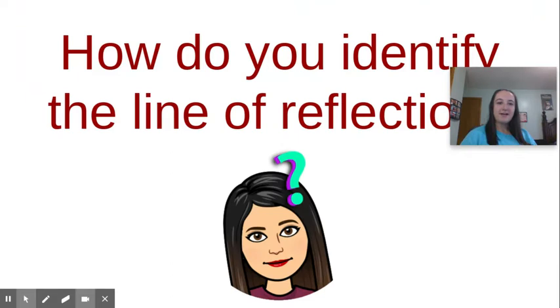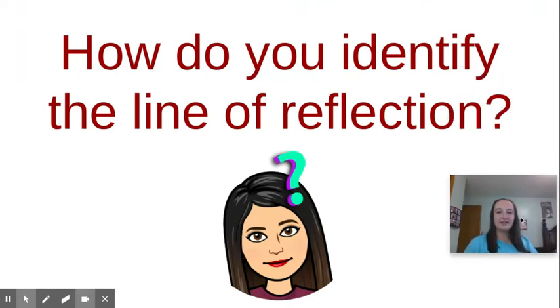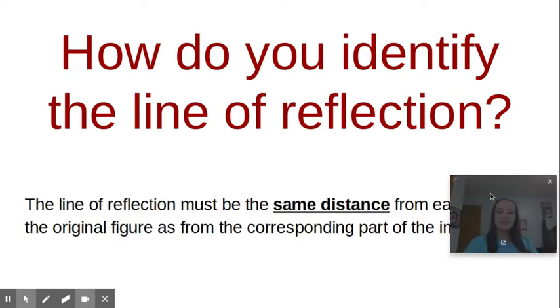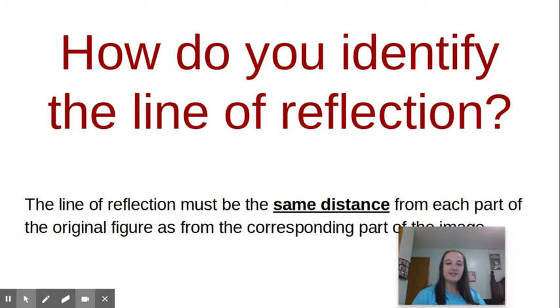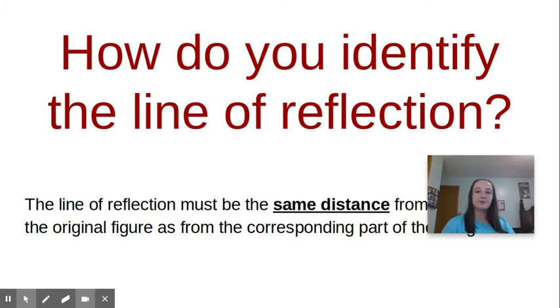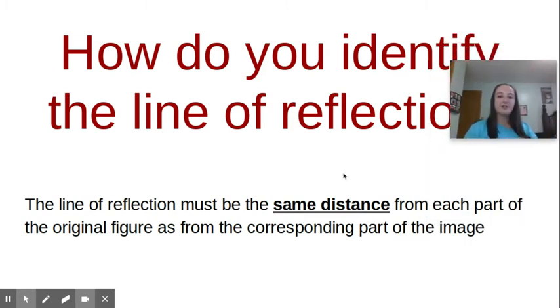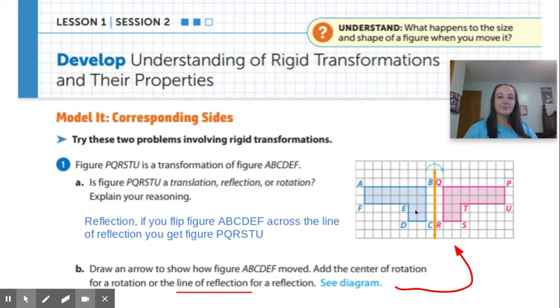Alright, now that you are back, the next thing we need to talk about is how do you identify the line of reflection? The line of reflection must be the same distance from each part of the original figure as from the corresponding part of the image. So it's the same distance. For example, B is only 1 unit away from our line of reflection.